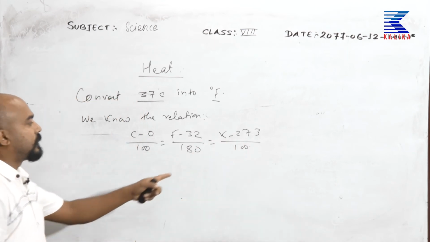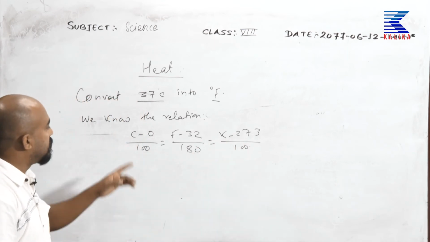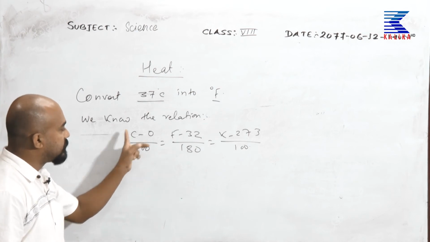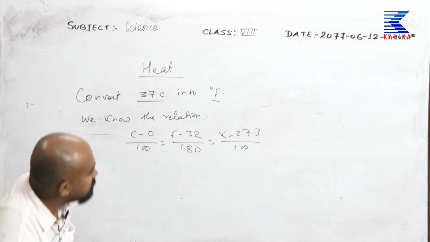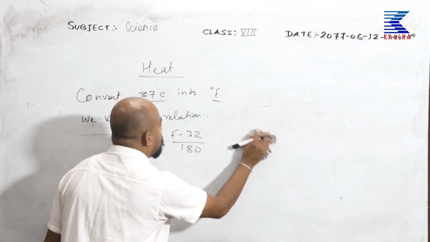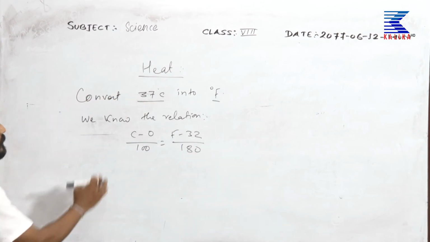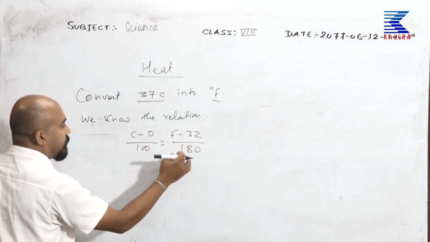No need to take the Kelvin scale, because we just need to convert degree Celsius into degree Fahrenheit. So, C minus 0 by 100 equal to F minus 32 by 180.